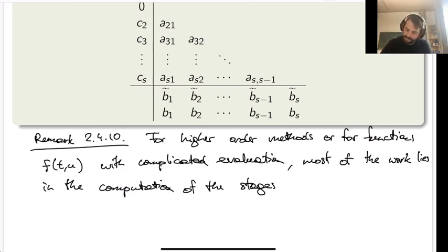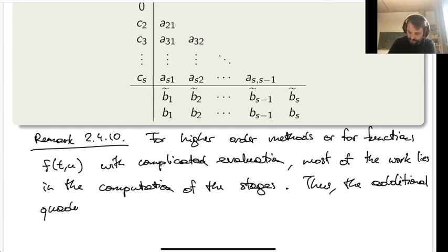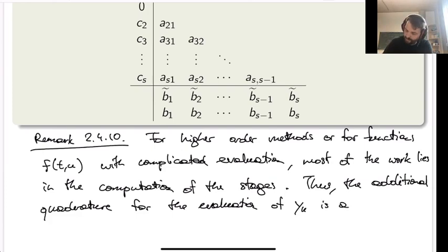And thus the additional quadrature rule for the evaluation of yk tilde is almost free, almost for free.